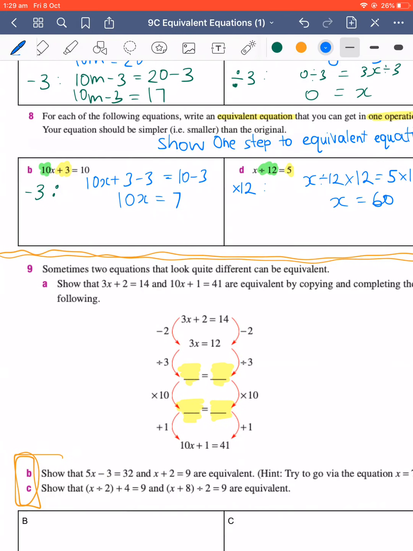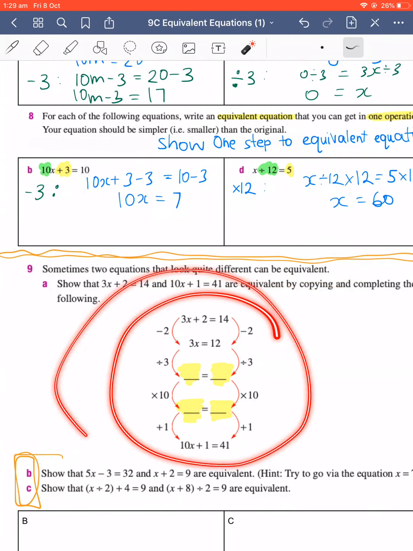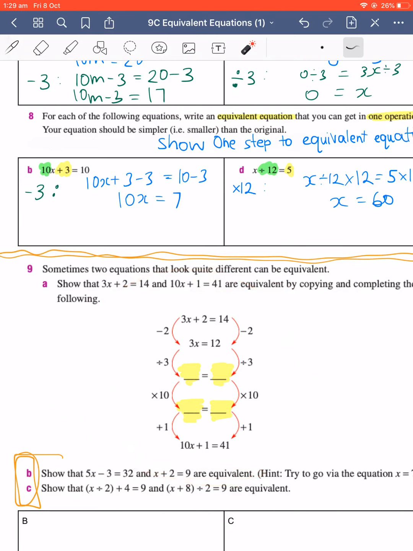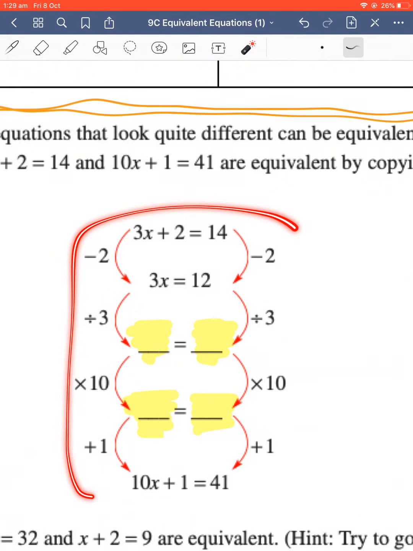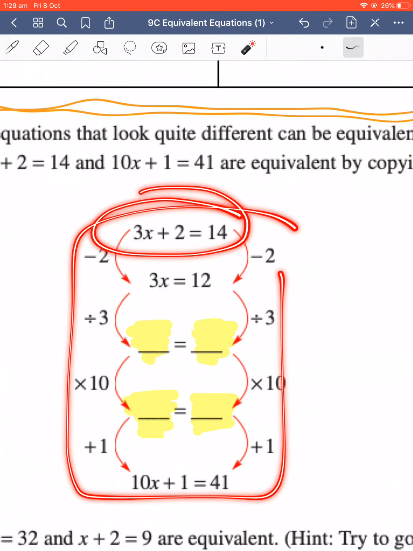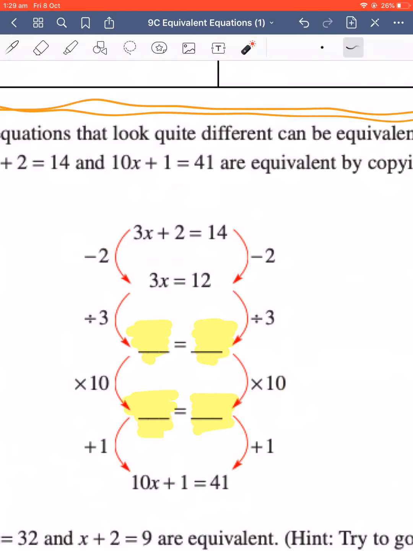Next one. So sometimes two equations that look quite different can actually be equivalent, but you might have to go through multiple steps. So these two are actually equivalent, but we have multiple steps that we go through to make the first one look like the second one. So we need to fill in the gaps. So if I've minus 2, that's what I've done in this first step to both sides.